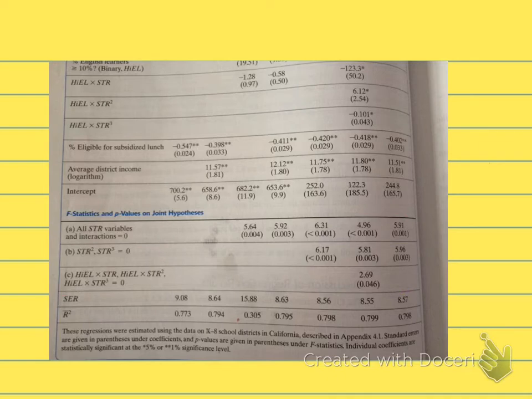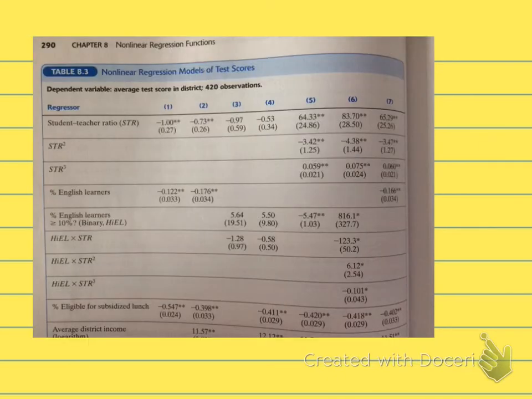Let's go back to our main interpretation of the coefficients. So we see that student-teacher ratio has a negative effect. It's sometimes significant, sometimes not significant. When we consider student-teacher ratio as a nonlinear function, we see that the first coefficient is positive, the second coefficient is negative, and the third coefficient is positive.